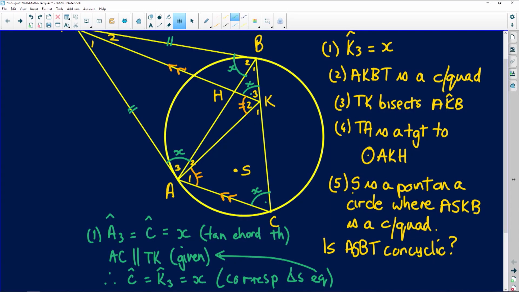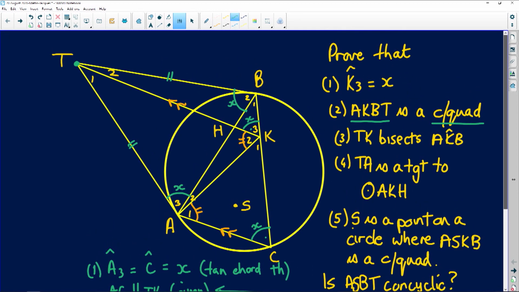Okay, the next one. Prove that AKBT is a cyclic quad. Now, it should already be one if we did our job properly in the beginning. Let's have a look. AK, I'm going to make their dots there. AKBT is a cyclic quad.